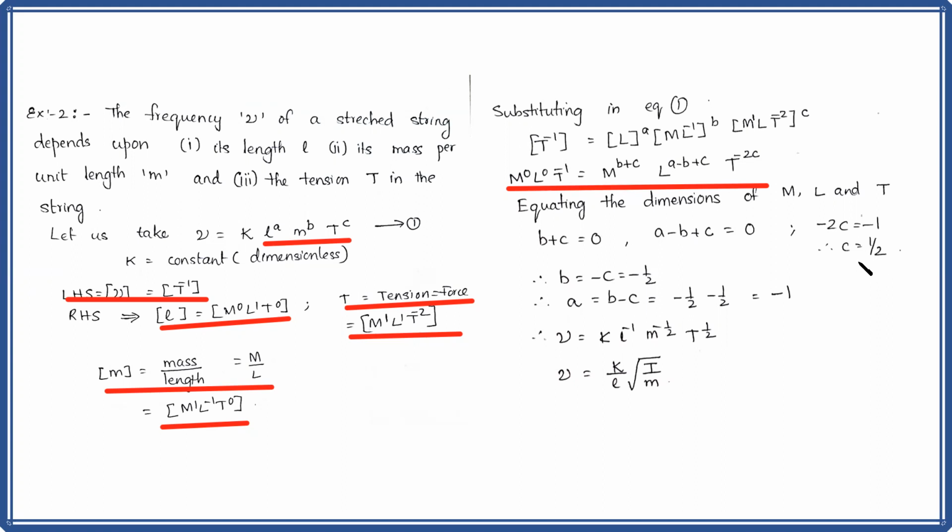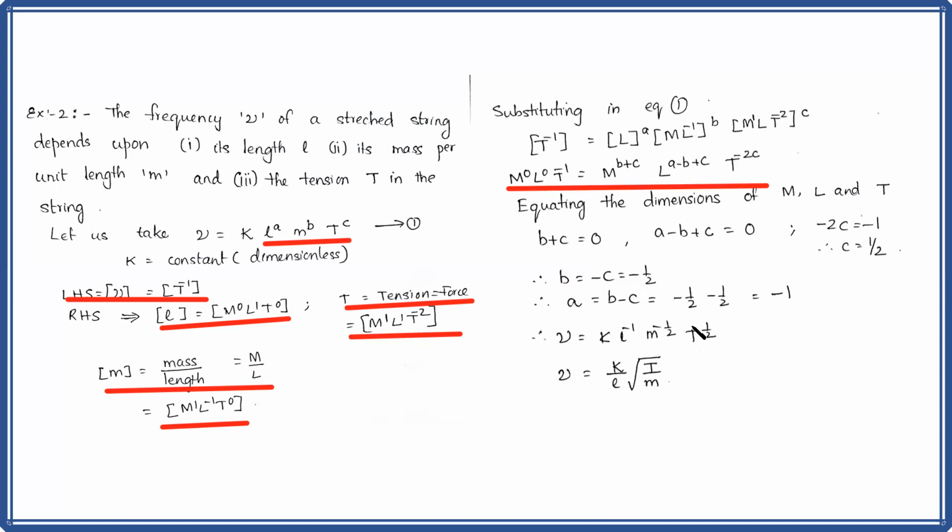Then b is equal to minus c, therefore b is equal to minus 1 by 2. From the second equation, a is equal to b minus c, that is minus 1 by 2 minus 1 by 2, which is minus 1.